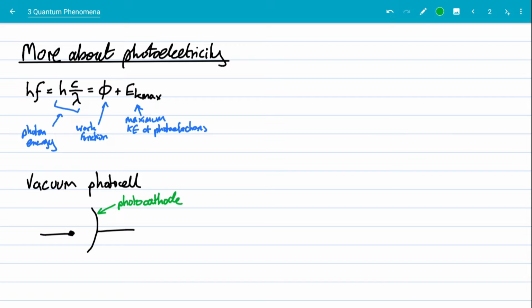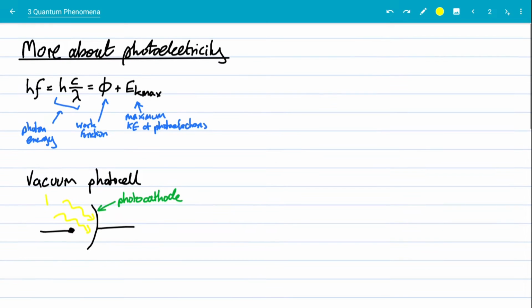The photocathode was illuminated with electromagnetic radiation of a certain frequency. And that frequency was, let's call it f, so a certain photon energy, hf. And if we had that, then we had electrons coming off this surface like this.